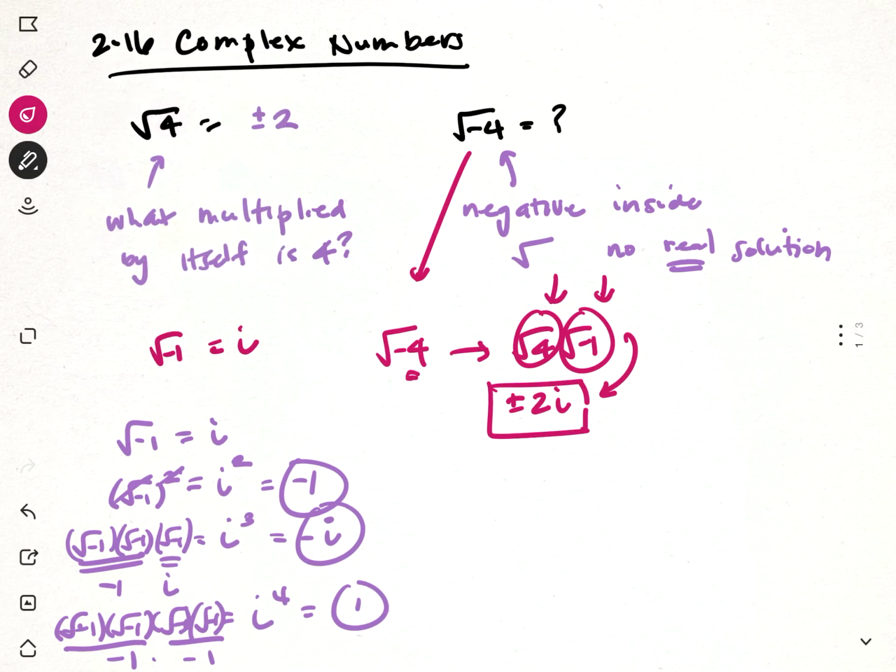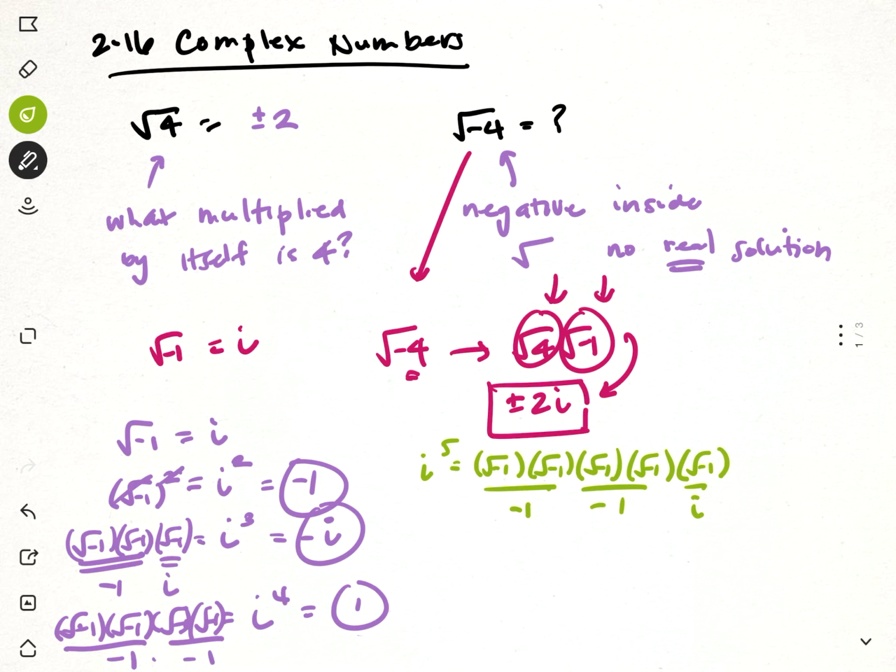If we go on further, let's say we had i to the fifth. This is going to be i squared, which is negative 1, and another i squared, negative 1, and this is just i.